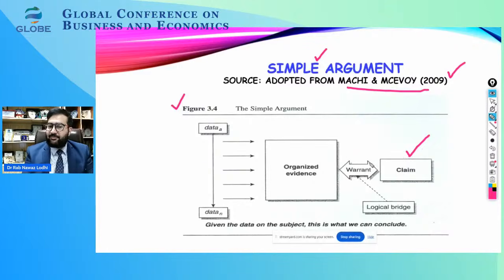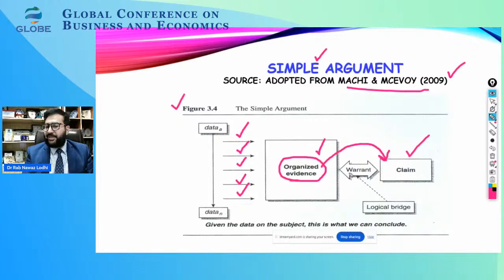So this is the claim, and these are the organized evidences. She will be providing one statement, one evidence, traffic rules, then another statement, another evidence, a third statement, third evidence, fourth, fifth, and so on, multiple evidences in an organized manner, right? And then all these evidences will support this particular claim.